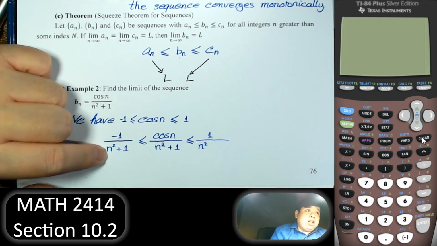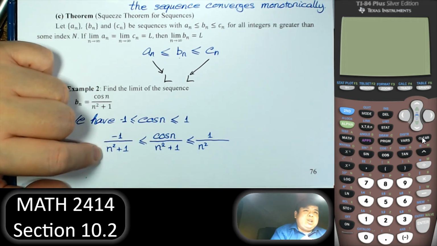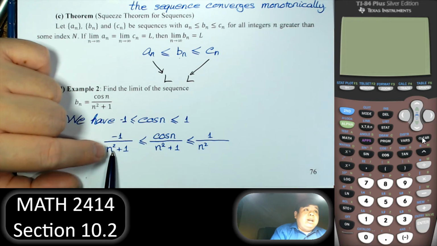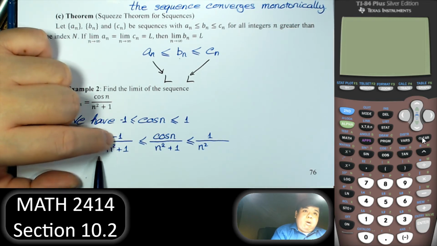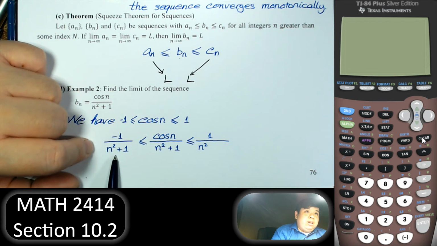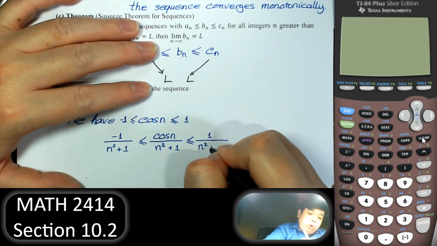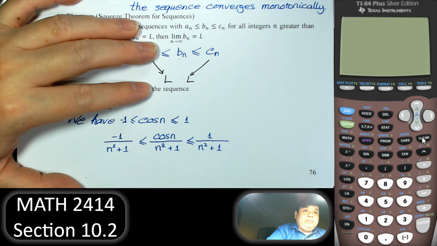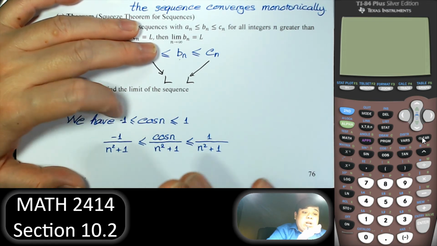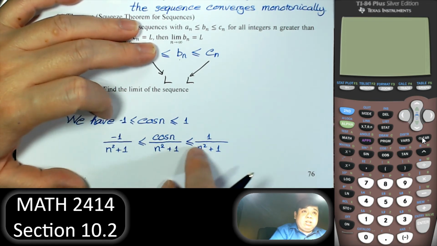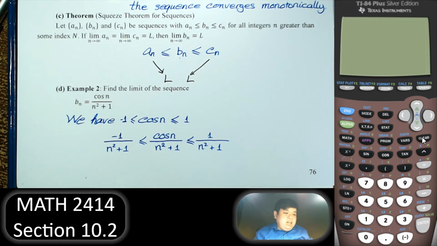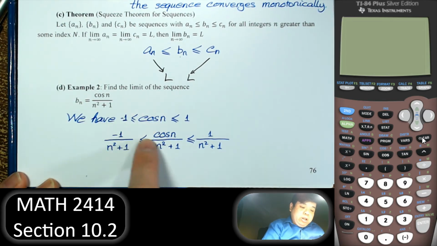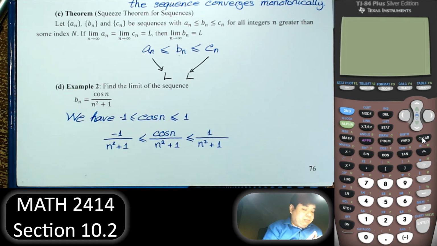Even if n could be anything, n squared is not going to be negative, plus 1, so the bottom is positive. Dividing by a positive number, we do not reverse the inequality, though even if we did, it's still fine, because that term is still in the middle. In this case it is positive, so the inequality remains the same.